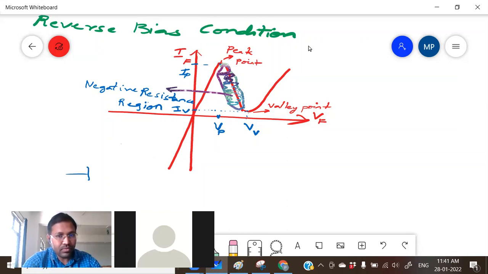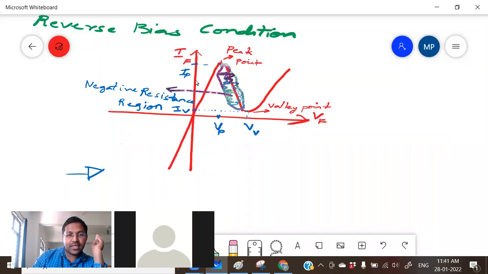Now let us see the symbol of the tunnel diode. It is somewhat similar to the ordinary PN junction diode, but the only difference is, see, anywhere between peak point and valley point along the y-axis, for a given current value, you have 3 voltage values.